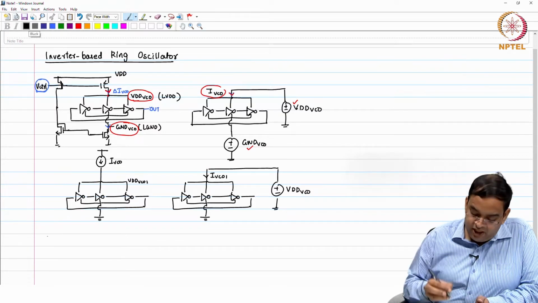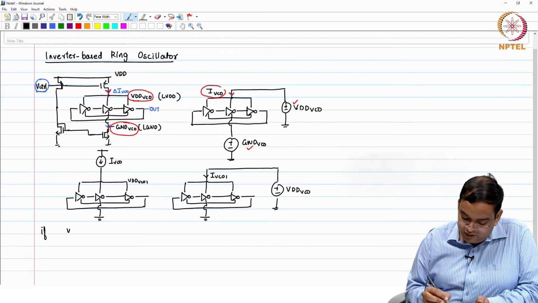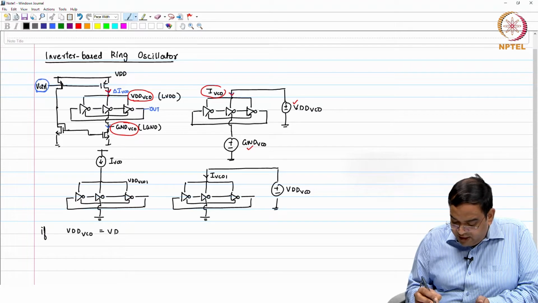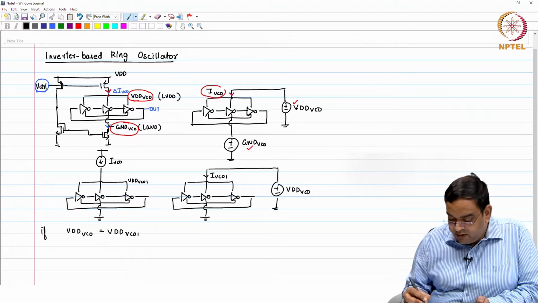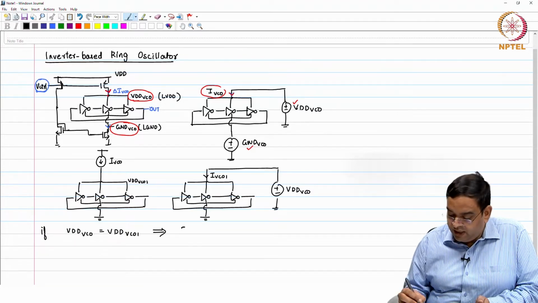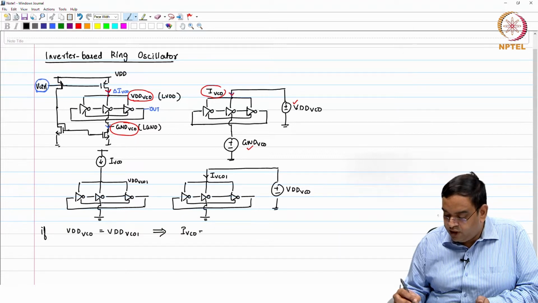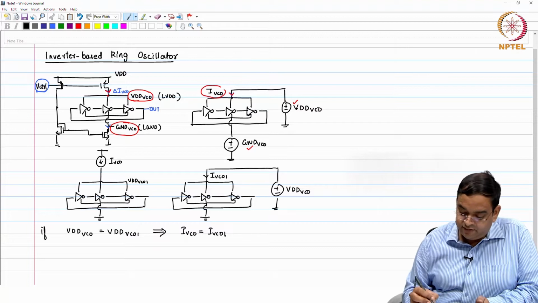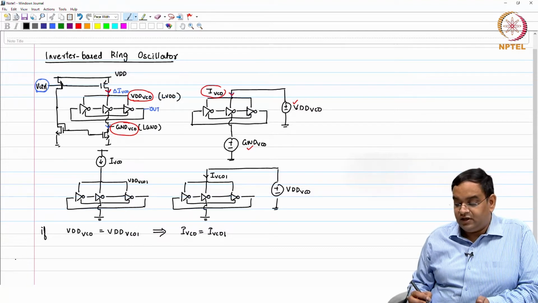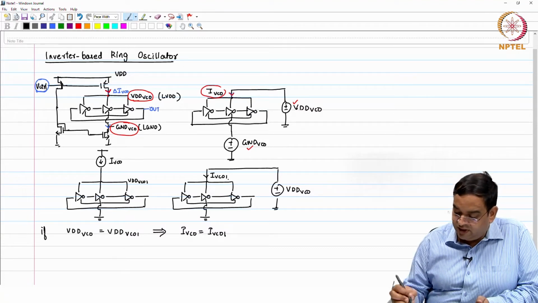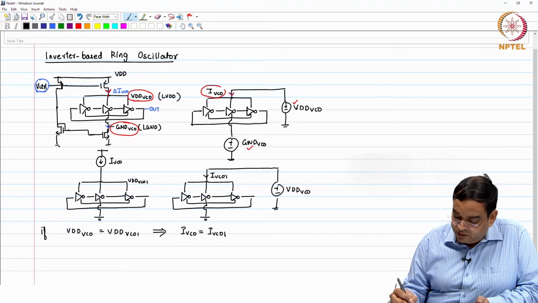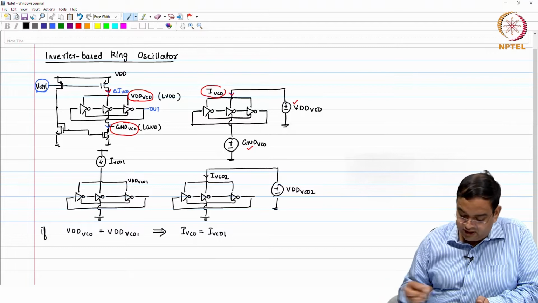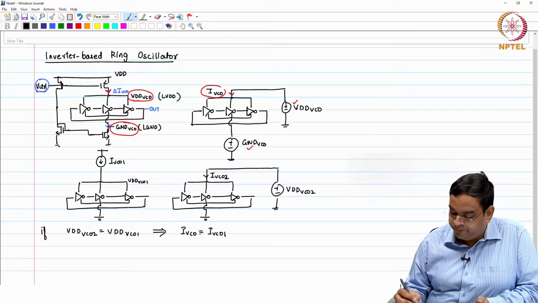If VDD VCO is equal to VDD VCO 1, then you will have I VCO equal to I VCO 1, and the frequency of the oscillator is going to be the same. Let us call this oscillator 1 and this one 2, which will make it much easier.